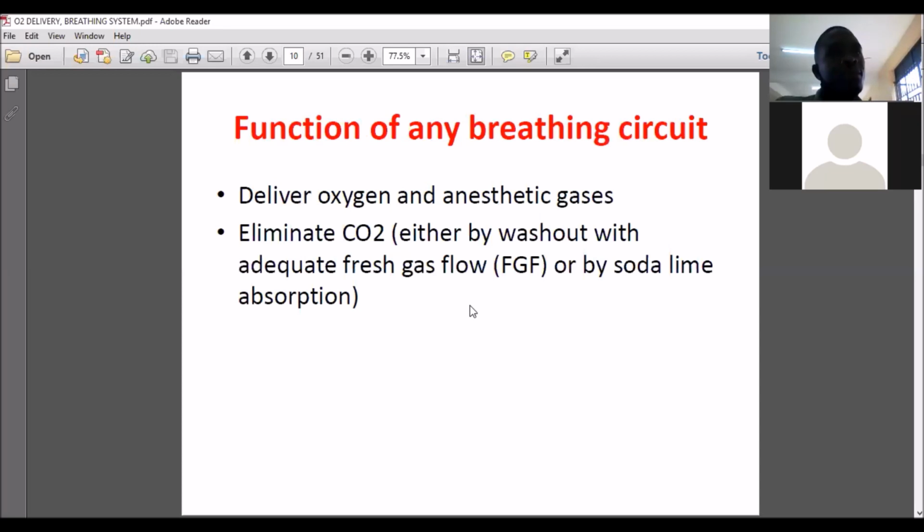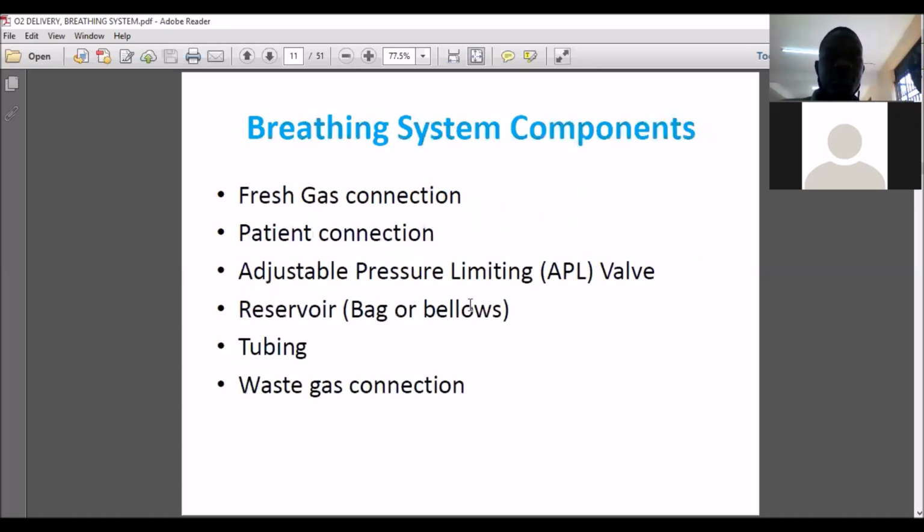The person is in a closed system, so the carbon dioxide increases and the person ends up with carbon dioxide toxicity. We don't see the reason to put someone in such a breathing circuit if it is not eliminating the carbon dioxide. So the soda lime has to be replaced, and there must be adequate fresh gas. More oxygen comes in and removes the carbon dioxide. That is how the breathing system should be.